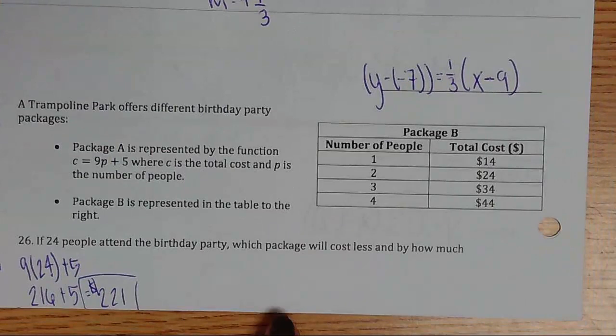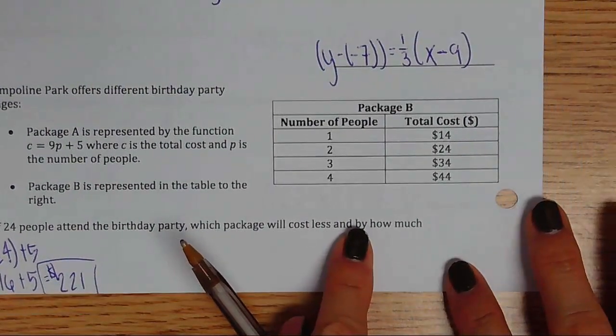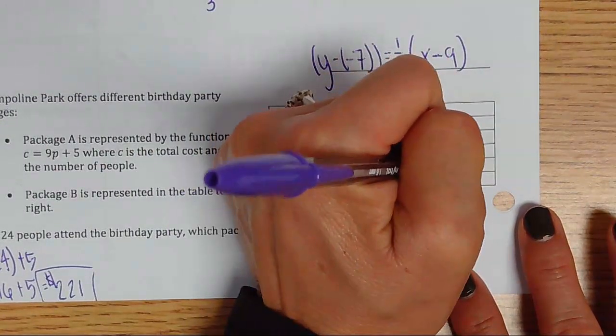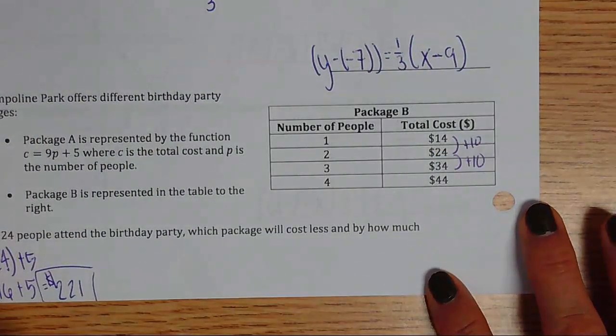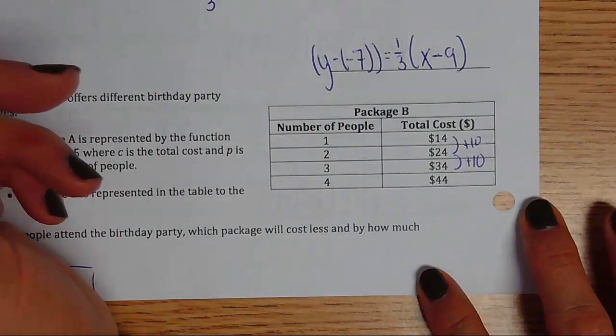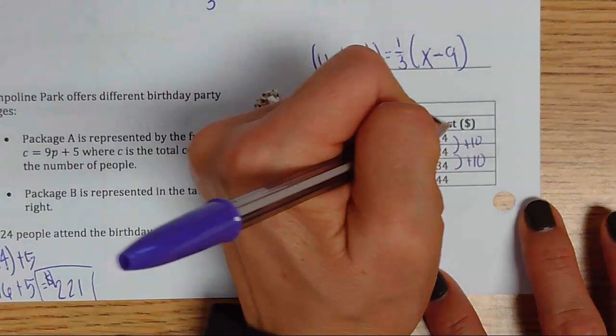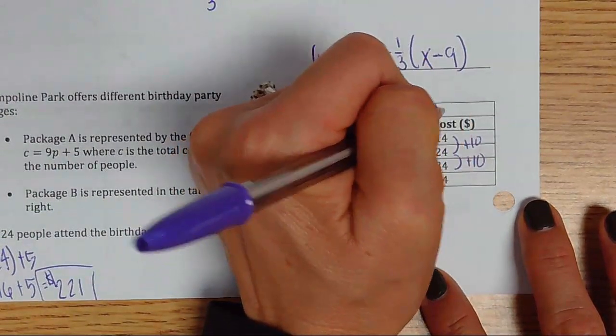All right, now we're going to look at package B. Okay, so we're going to see how much it's going up, and it looks like it's going up by 10 each time. Okay, and we kind of want to figure out our 0. So our 0 amount of people, if we go back, is going to be 4.